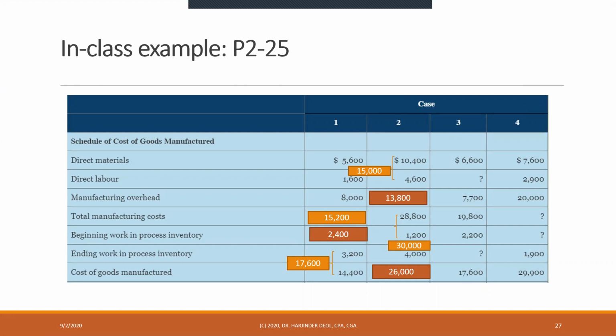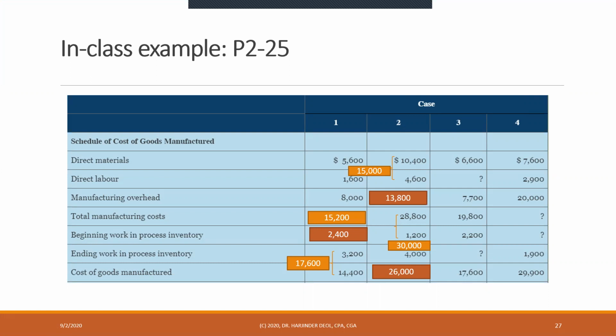All right, looking at case 3, we've been given the cost of direct materials and manufacturing overhead, and we have been given total manufacturing costs. What we've not been provided with is the cost of direct labor.